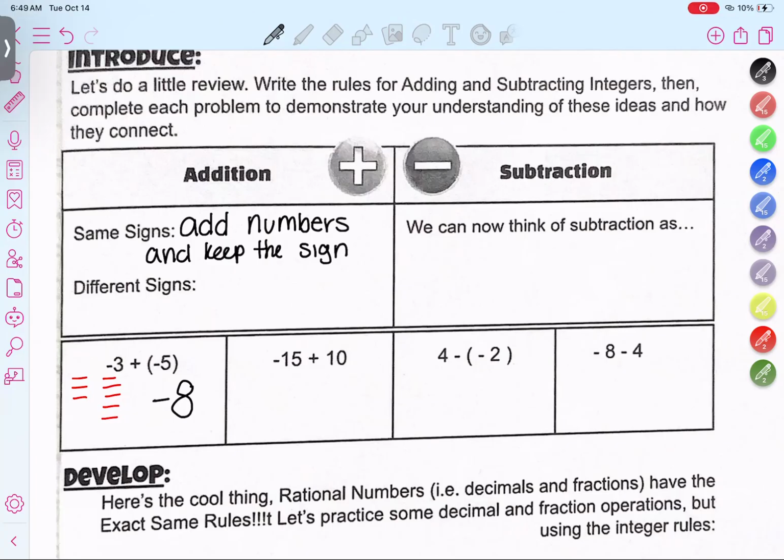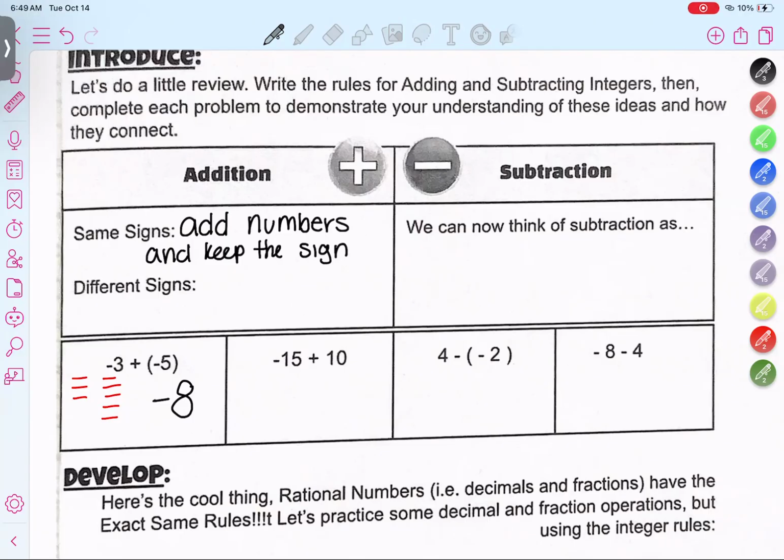So if I give you a negative plus a negative, we're just going to add the numbers like normal and then keep the sign of them. If I have a positive plus a positive, I'm going to add the numbers and then just keep the sign like normal. So that's kind of how addition works.